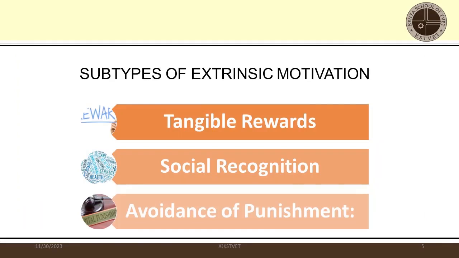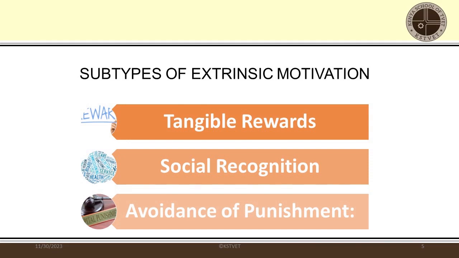There are three subtypes of extrinsic motivation. These are touchable rewards, social recognition, and avoidance of punishment. Most of the time, you will get that people who are rewarded and recognized are motivated.